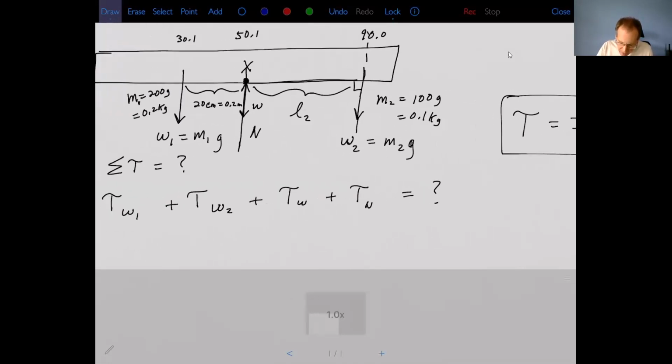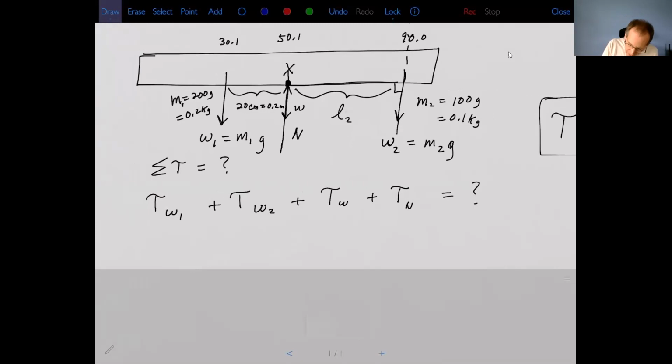Well, if you look at this picture, both the weight of the meter stick and the normal force are passing right through the axis of rotation. So what's the moment arm for both of them? It's 0, right? Neither of them has a moment arm, so neither of them is going to contribute a torque about that point of rotation. So these two terms are 0 because their moment arms are 0, so there's no torque.